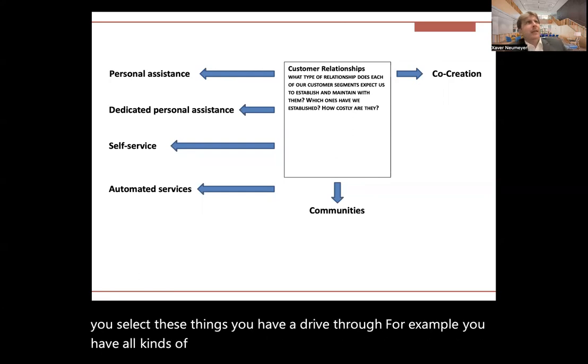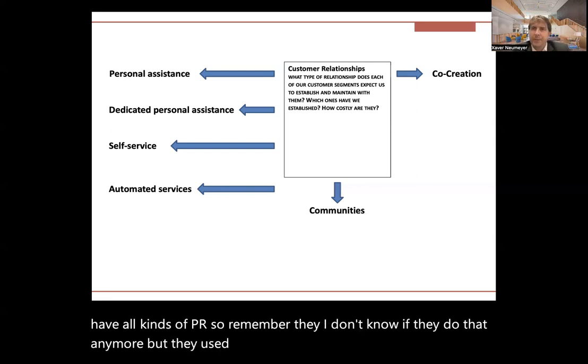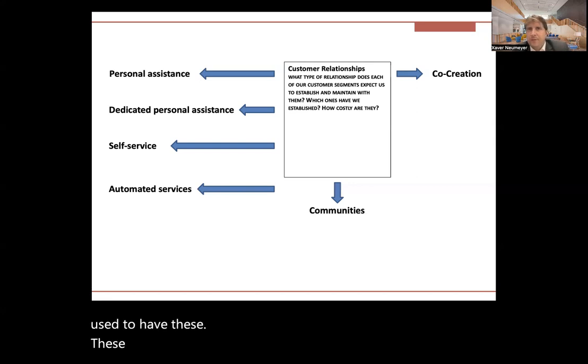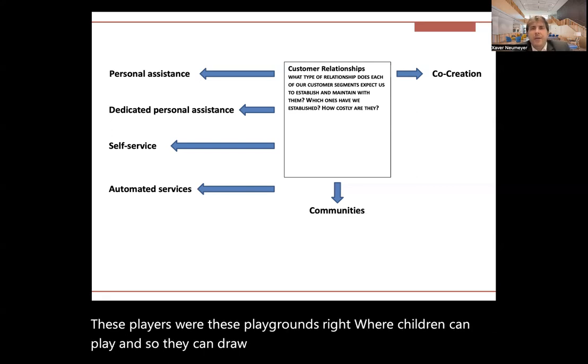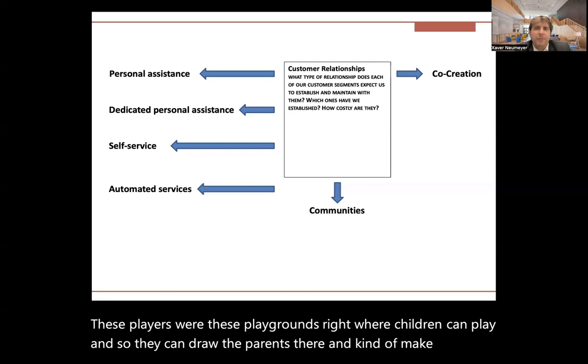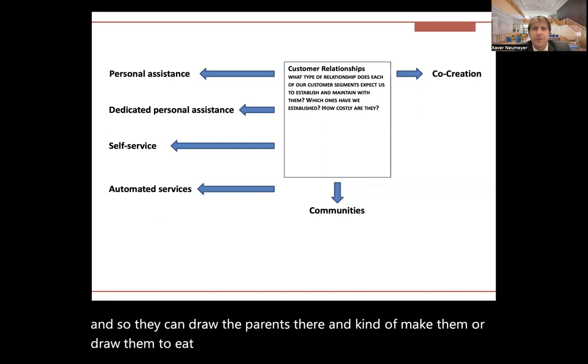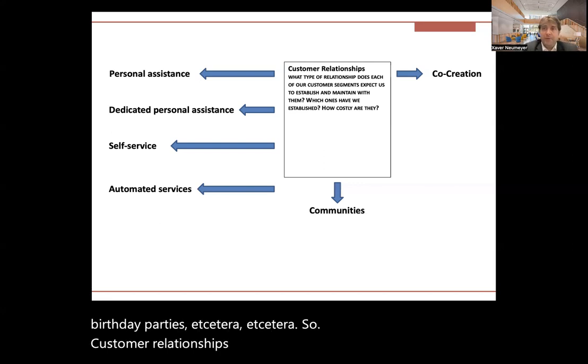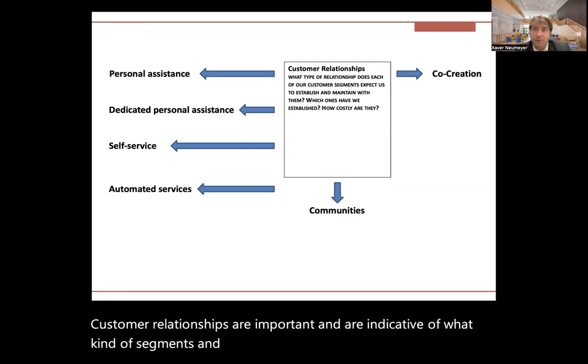I don't know if they do that anymore, but they used to have these playgrounds where children can play, so they can draw the parents there and make them eat. They used to organize children's birthday parties, etc. So customer relationships are important and are indicative of what kind of segments and what kind of business model you're operating.